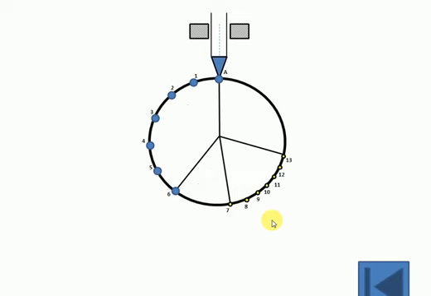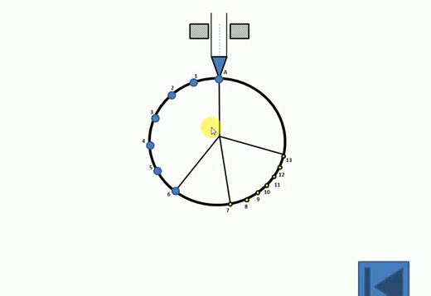Clear? What we did is, we drew a base circle, then we took any point A on the base circle. From the center we have drawn a vertical line which represents the line of action of the follower. We have divided the base circle into angle of ascent, angle of dwell and angle of descent, and we have marked it as 1, 2, 3 till 13.